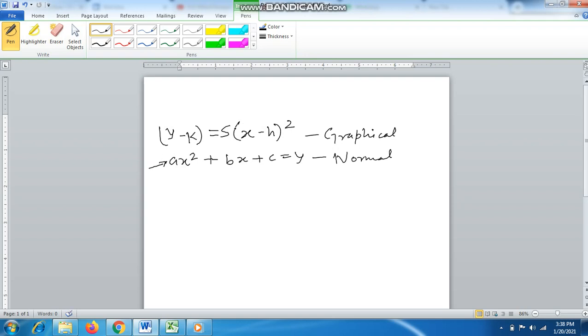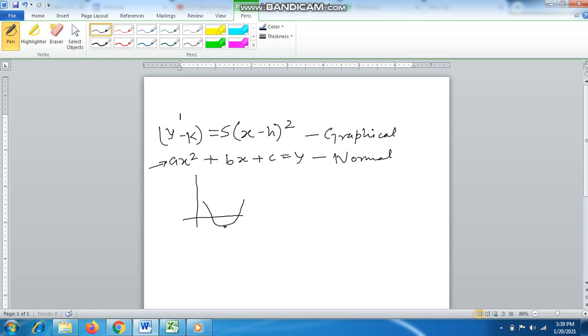So why do we need to know the graphical equation? Because we want to understand how the vertex is related. It is very intuitive to understand where the roots of the equation can be. Supposing I draw a parabola something like this, where is the vertex here?